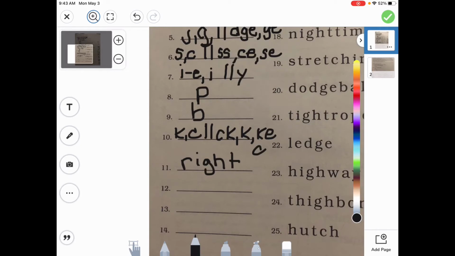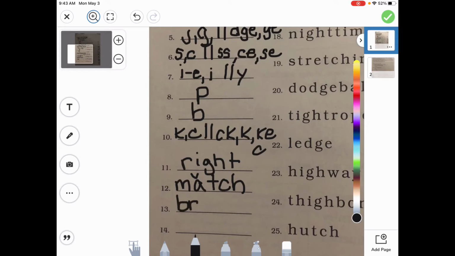How about match? Match. I have M, then A, and then ch at the end. Remember, it's after a short vowel, so I'm going to use TCH. How about bridge? Bridge. BR, very good.